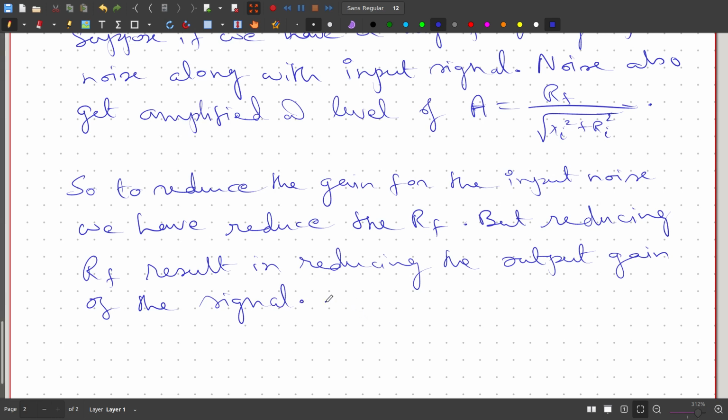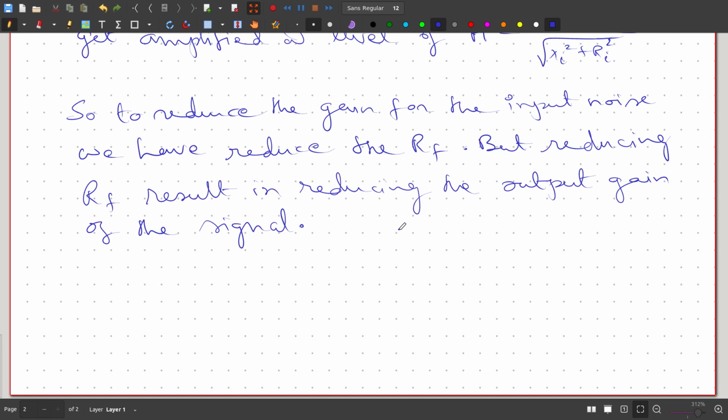Our aim is to keep the output gain of the signal at this level, but reduce the gain of the op-amp for the noise to a much lower level, or to unit gain.